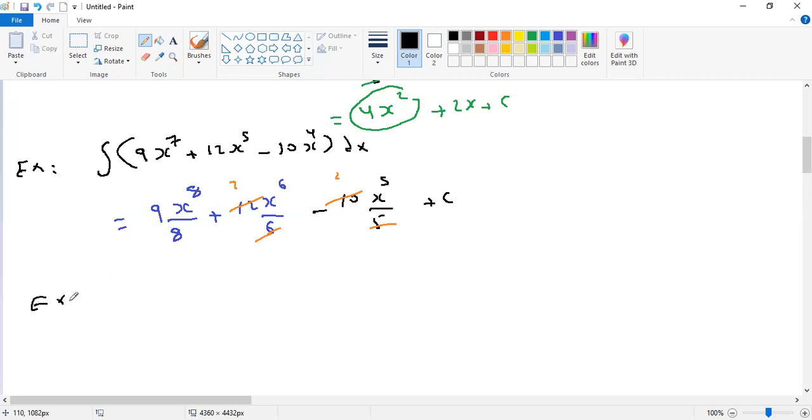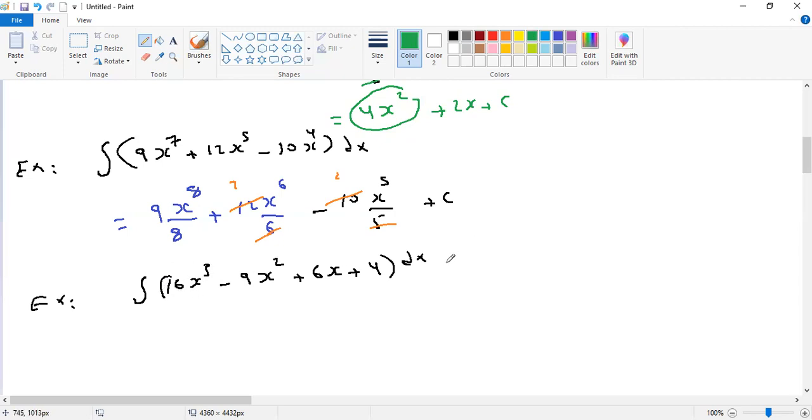Another example. We have the integral of 16x cubed minus 9x squared plus 6x plus 4. Now the integral, also one by one: the integral of the first one, for a sum or a difference, one by one.